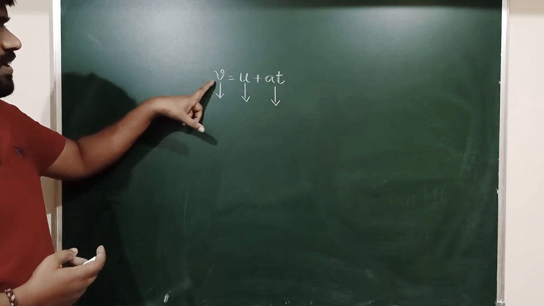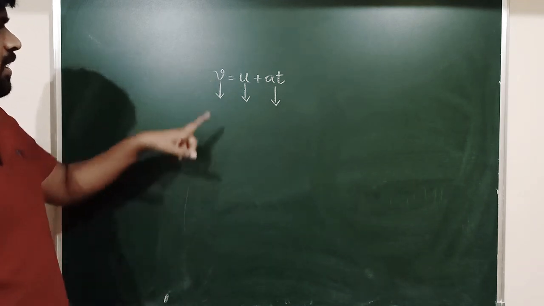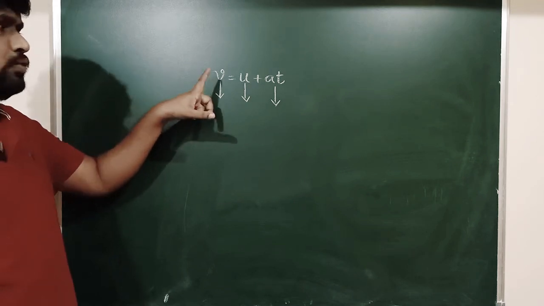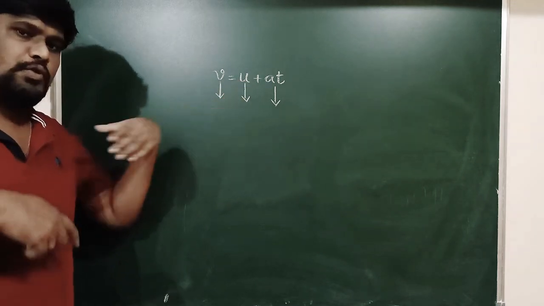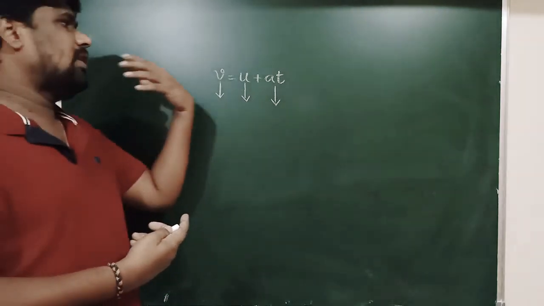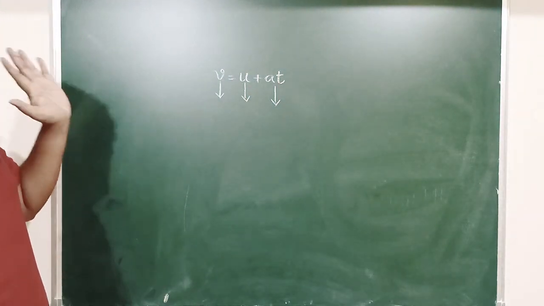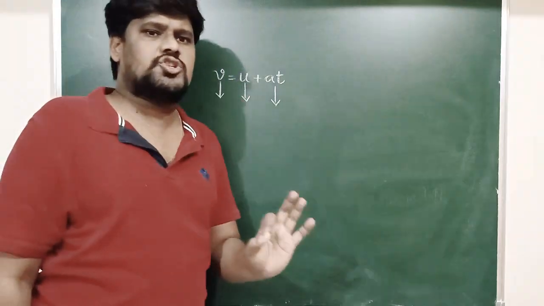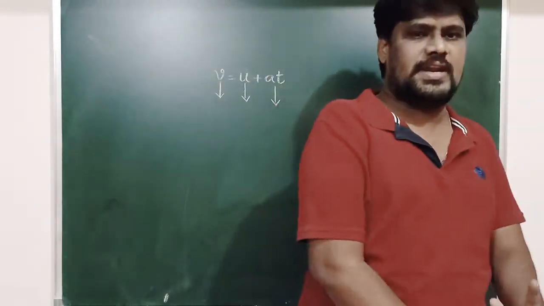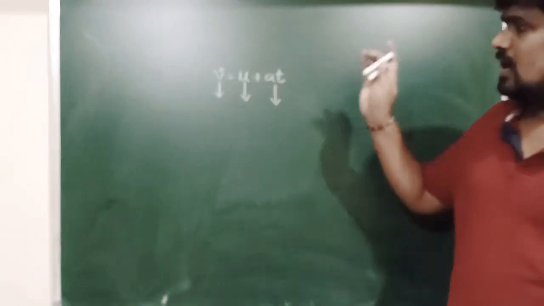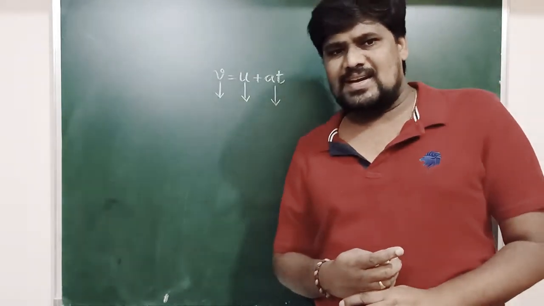This equation is said to be correct provided the dimensional formula of v should be equal to the dimensional formula of u, which is equal to the dimensional formula of at. ಸಿಂಪಲ್ ಸೆನ್ಸ್ ನಲ್ಲಿ ಹೇಳ್ಬೇಕಂದ್ರೆ ಎಲ್ಲಾ ಟರ್ಮ್ ಡೈಮೆನ್ಷನಲ್ ಫಾರ್ಮುಲಾ ಸೇಮ್ ಇದ್ರೆ then only that equation is said to be dimensionally correct.